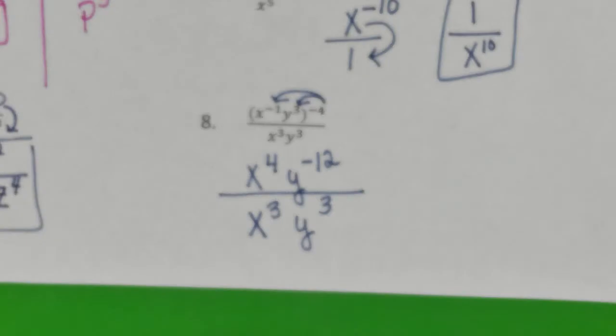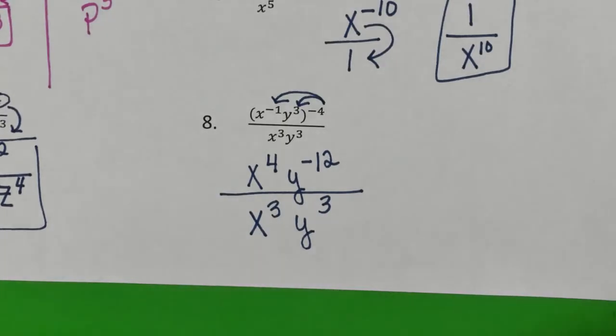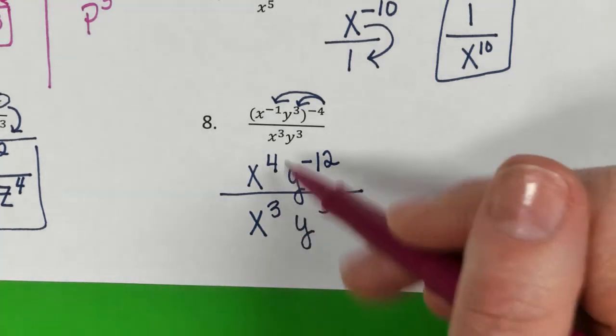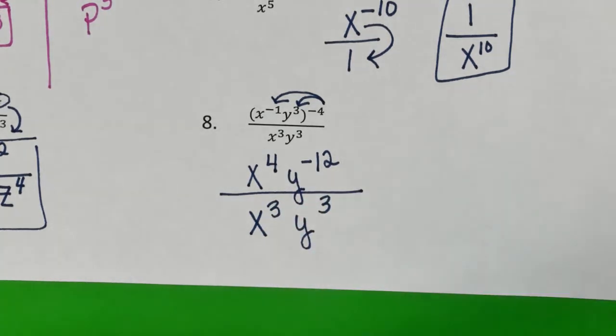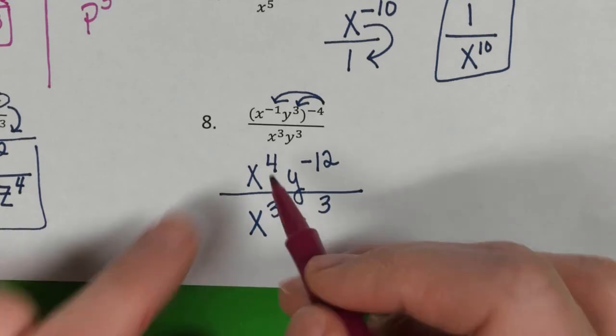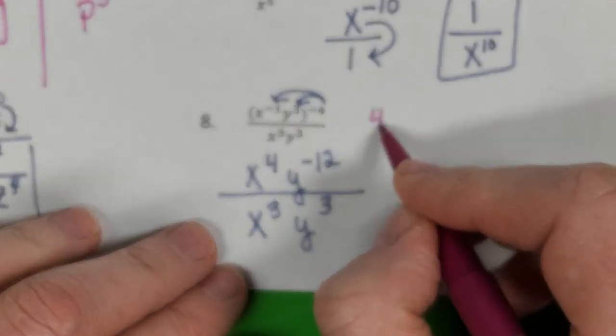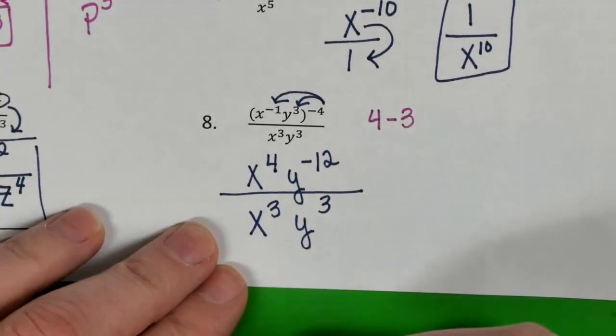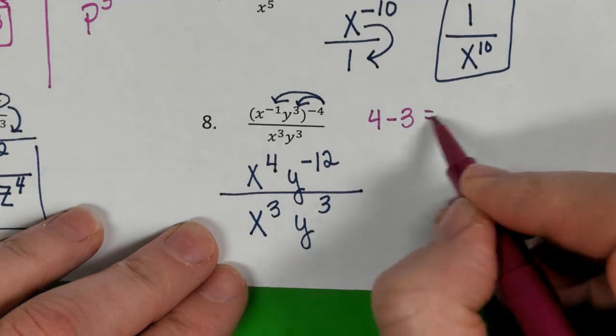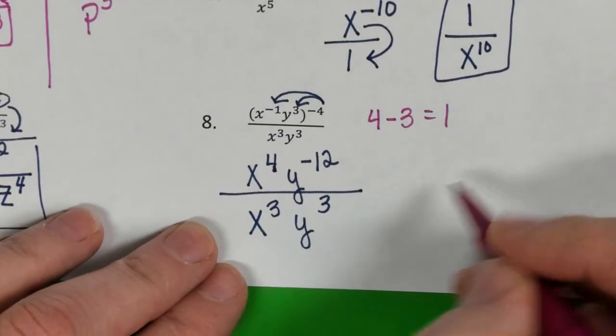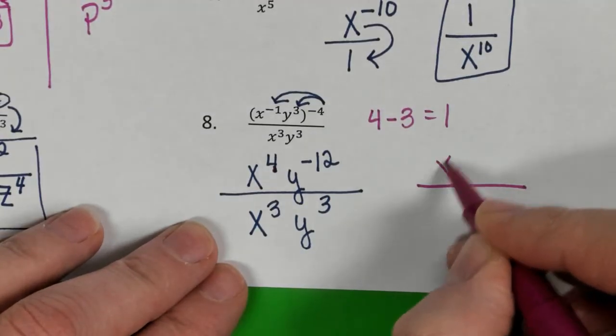Now, again, options on what we can do. We can subtract our exponents on our like bases, or we can move things around and then combine them, but let's just keep doing the subtraction. So if I say 4 minus 3, that gives me 1, and I said 4 first, so that goes in my numerator.